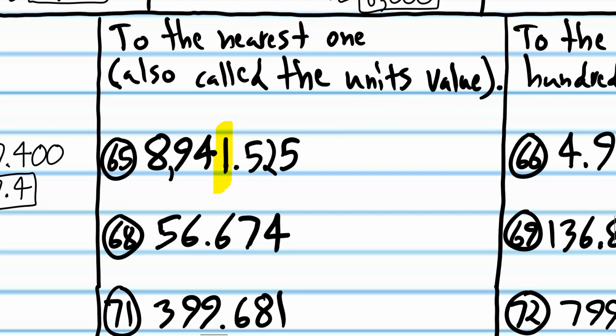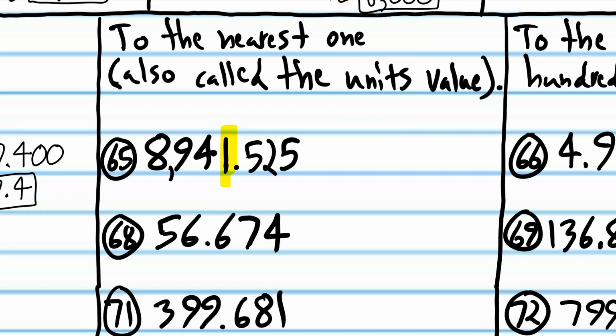So there's a lot of different ways to say it. You can say round to the nearest whole number, which we're going to talk about later on. If you hear the nearest whole number, it's this number. If you hear the nearest ones place, it's this number. And if you hear the nearest units place, it's this number also.